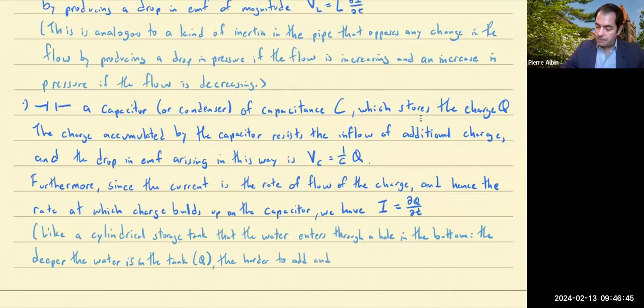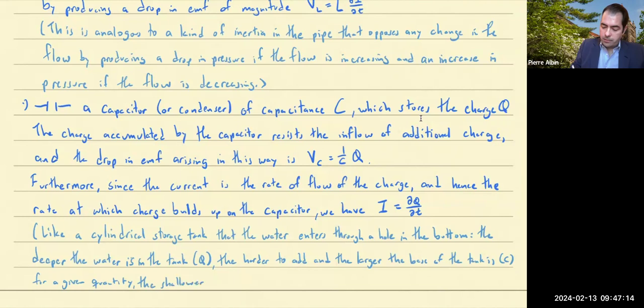And the larger the base of the tank is, which you should think of as C, for a given quantity, the shallower the water in the tank, and the easier to pump more water in.